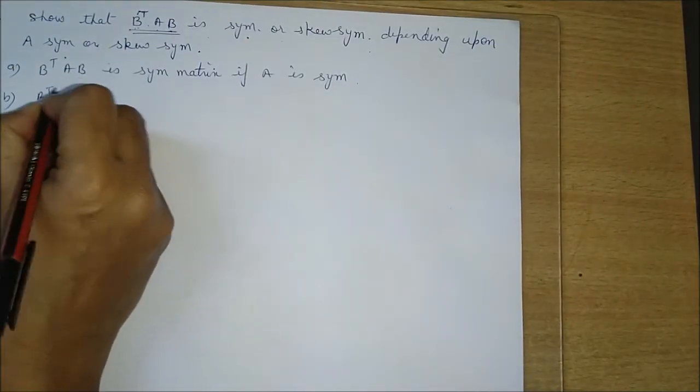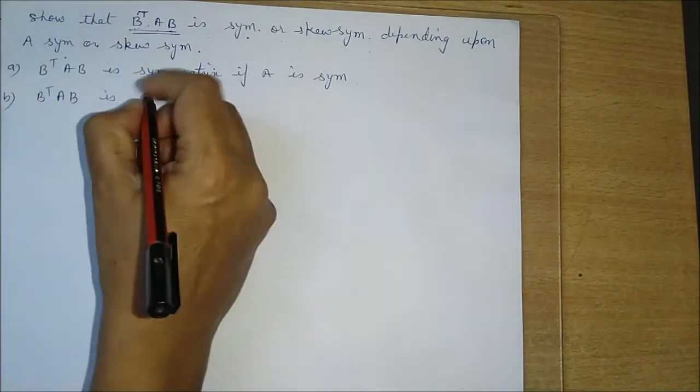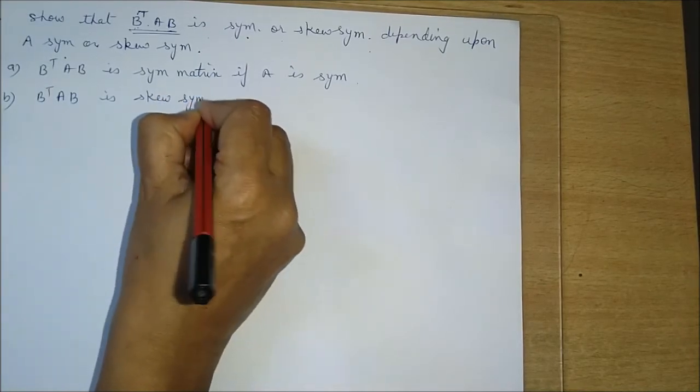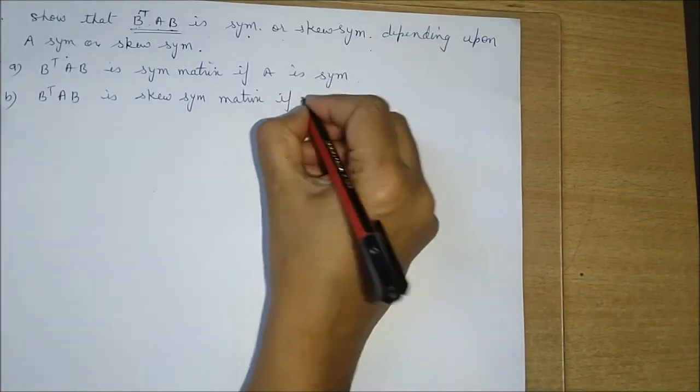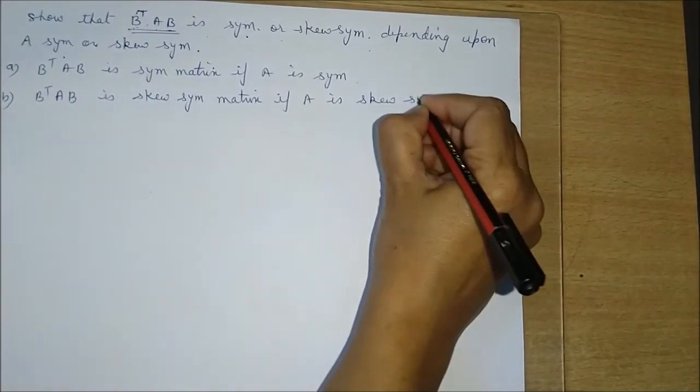Second part is B transpose AB is a skew symmetric matrix if A is skew symmetric.